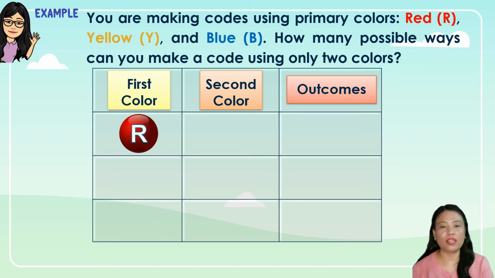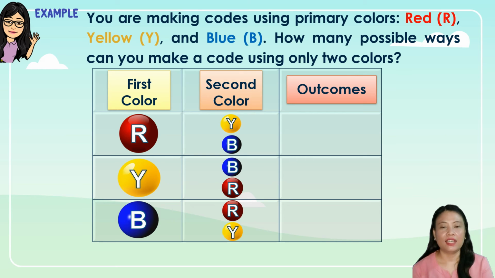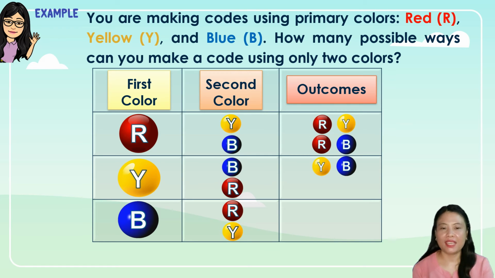The first color can be R, Y, or B. If R is chosen, only Y and B will be available for the second color. Completing the table, these are our possible outcomes: RY, RB, YB, YR, BR, and BY.